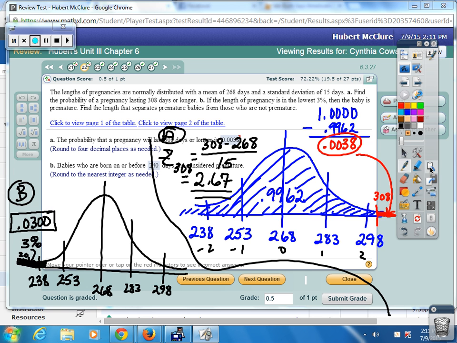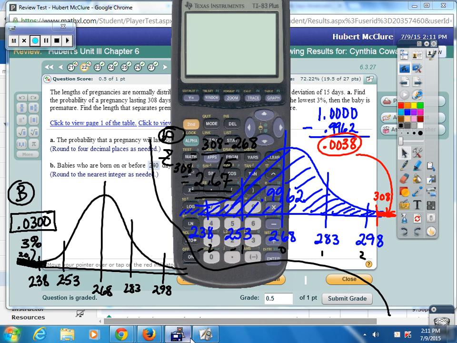Let's do inverse norm. So second bars, clear. Second bars, inverse norm, 0.0300, close parentheses. I get negative 1.88. Is that what y'all got?